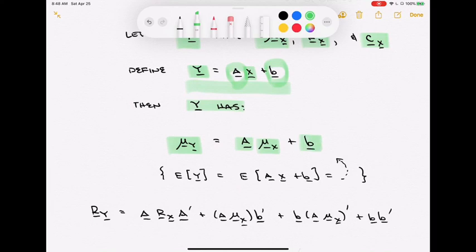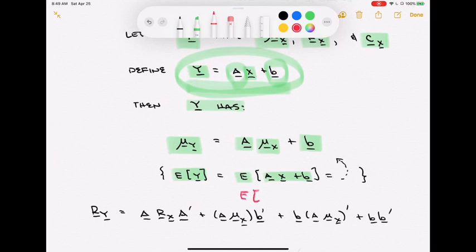How do we get that? Pretty easy. We're looking for what is mu y? It's just the expected value of y. But what is y? We knew y was Ax plus b. So we're looking for the expected value of Ax plus b. Expectation being a linear operator would tell me that the expected value of a sum is the sum of the expectations.